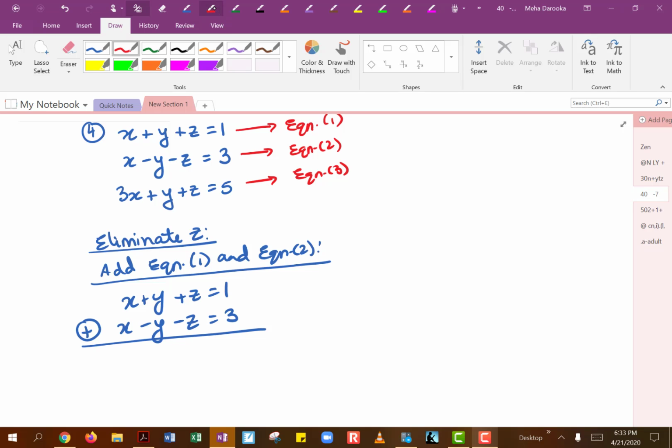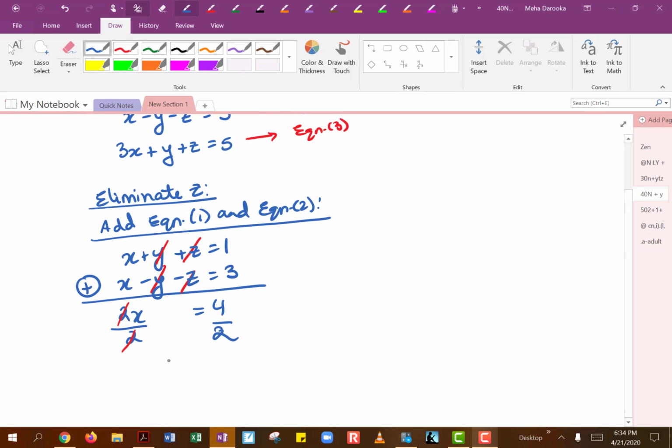So when this happens, you will notice that my x will of course stay, positive y and negative y cancel out, and positive z and negative z cancel out. So that will end up leaving us with 2x equals 4. Divide both sides by 2, and we end up getting x equals 2.